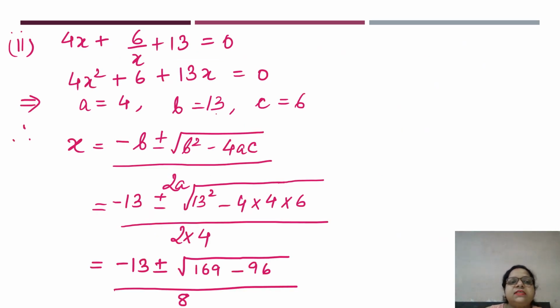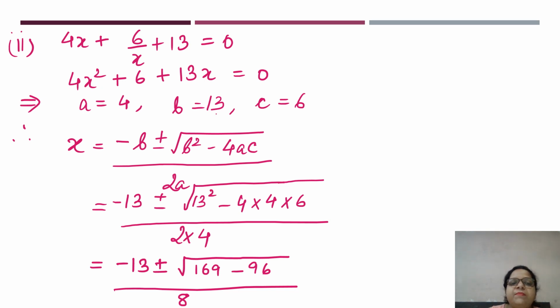The second question says that 4x plus 6 upon x plus 13 is equal to 0. Therefore, we multiply by x on both sides. By taking LCM of x, we get 4x square plus 6 plus 13x is equal to 0. Okay. So a is equal to 4, b is equal to 13 and c is equal to 6.